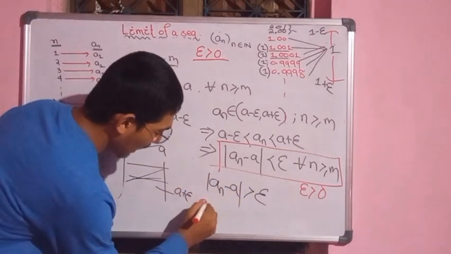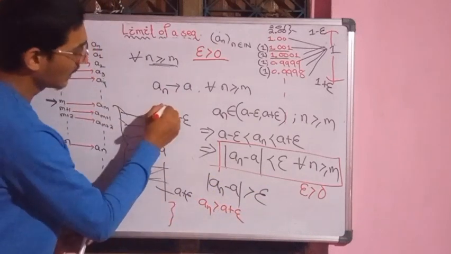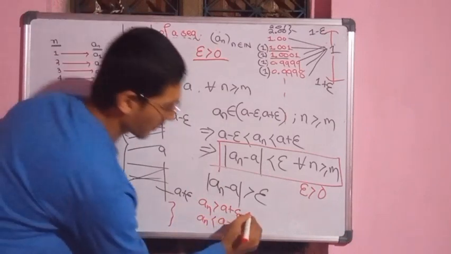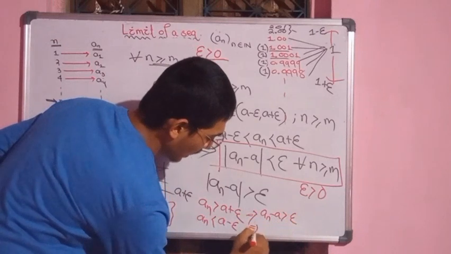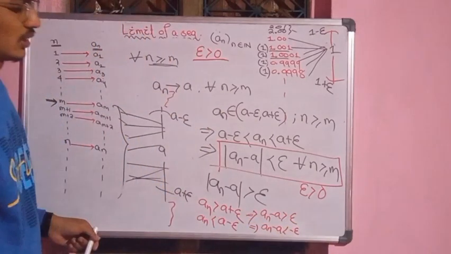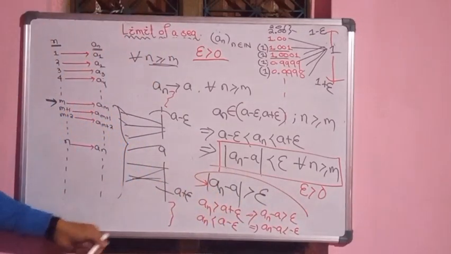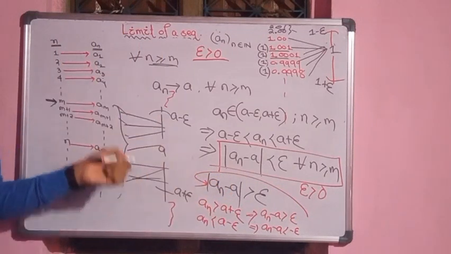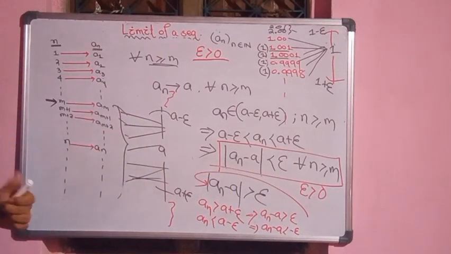This means my a n is greater than a plus epsilon, or my a n is less than a minus epsilon. Here I can write a n minus a is greater than epsilon, and a n minus a is less than minus epsilon. So if you use mod, you get this: mod a n minus a is greater than epsilon, then I will say my sequence is divergent. Means there are infinitely many terms left outside beyond this limit.